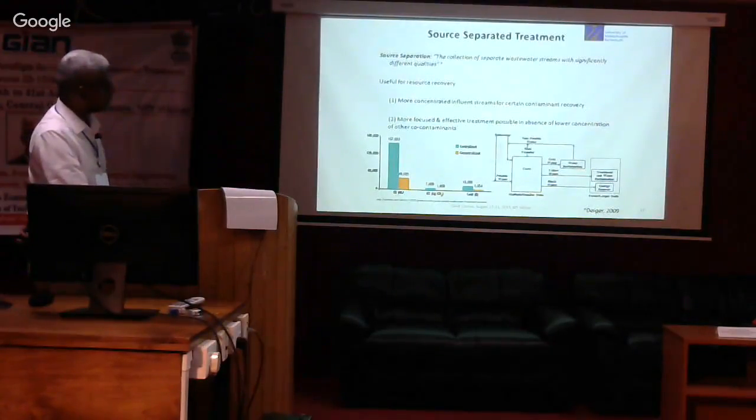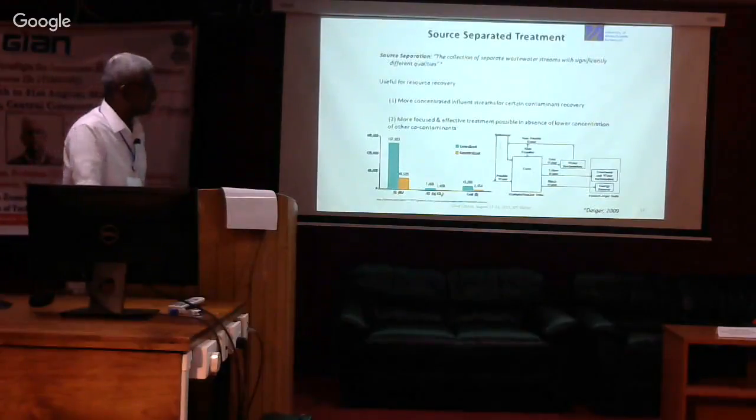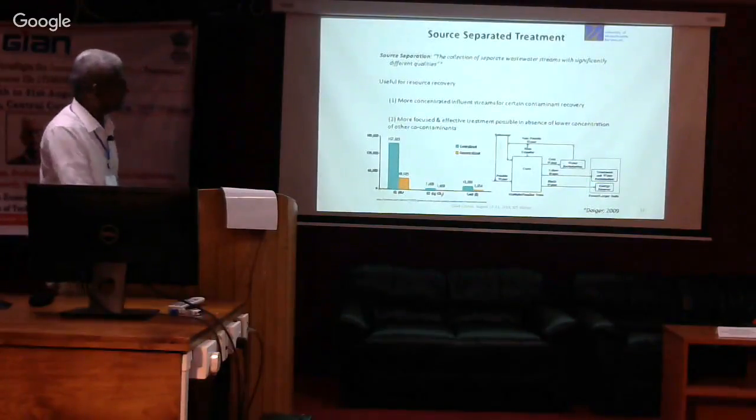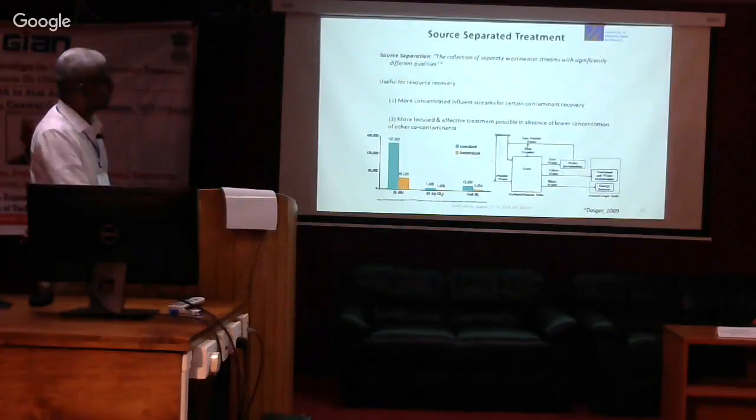Then if you look at how much greenhouse gas you are emitting in terms of carbon dioxide equivalent, if decentralized gives you, let's say, 1,900 units of carbon dioxide, centralized gives you more than 7,000. So it's a pretty appreciable difference.